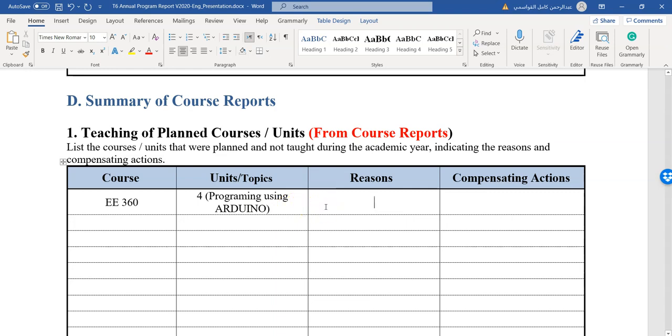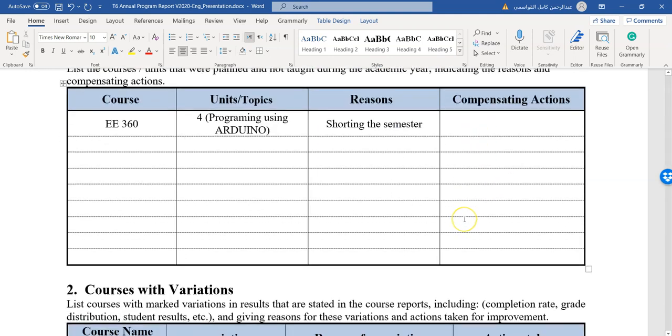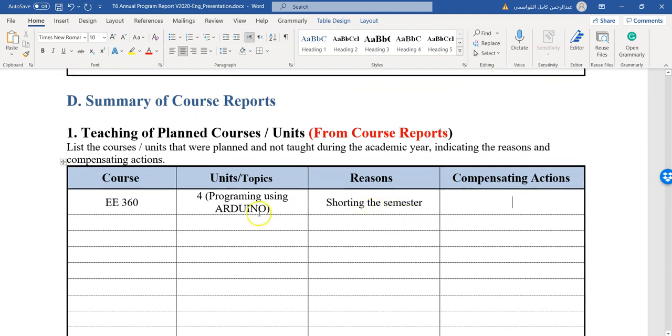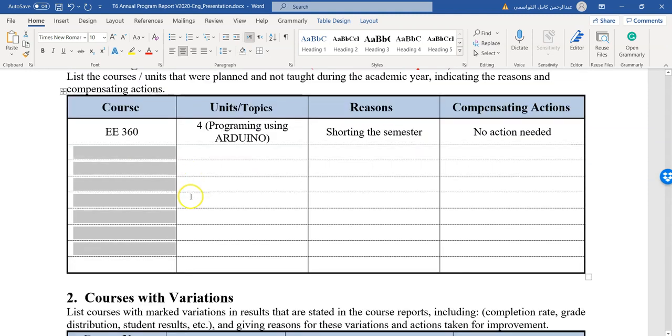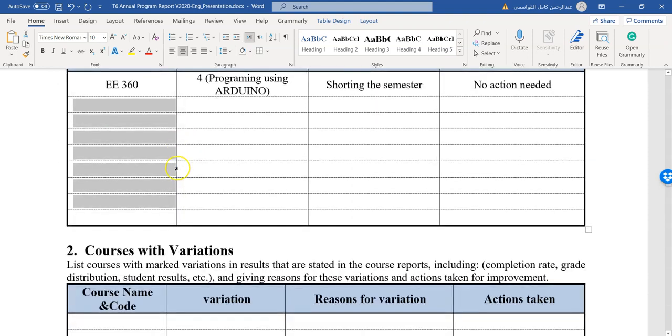The reason, for example, shortening the semester. Compensating, you can write anything. Maybe this course or this unit will be taught in the next semester in other courses, or maybe no action needed. So this is to fill for all courses that are not covered. If covered, do not list them in this section.